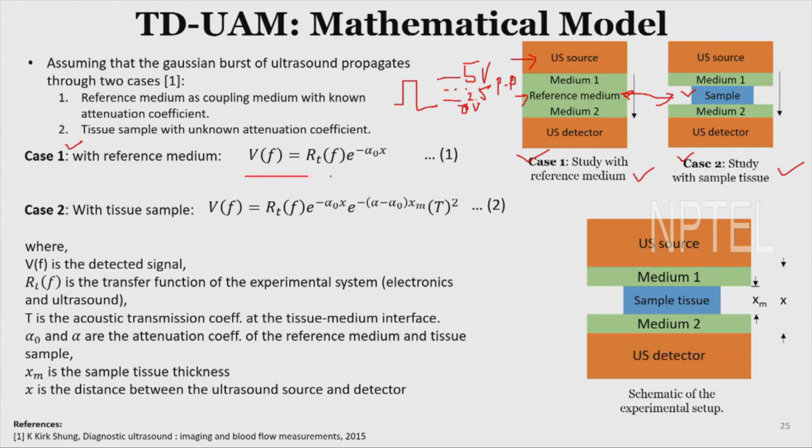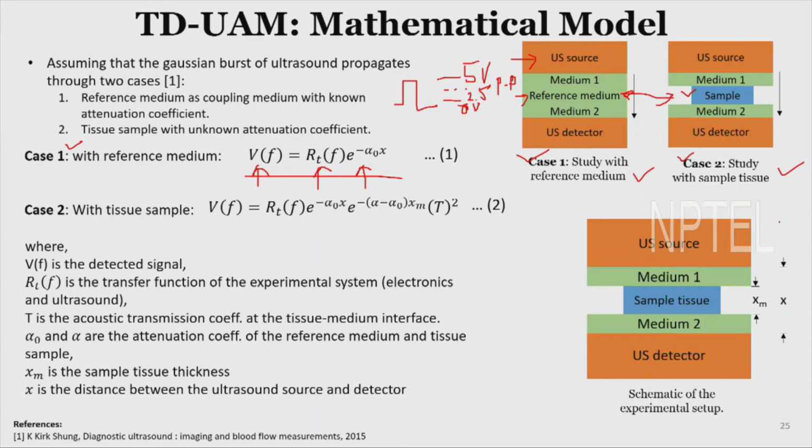Over here we can calculate the detected voltage. This is the detected voltage, as a product of the transfer function of the system and the exponential of minus alpha naught x, where x is the total distance over here.